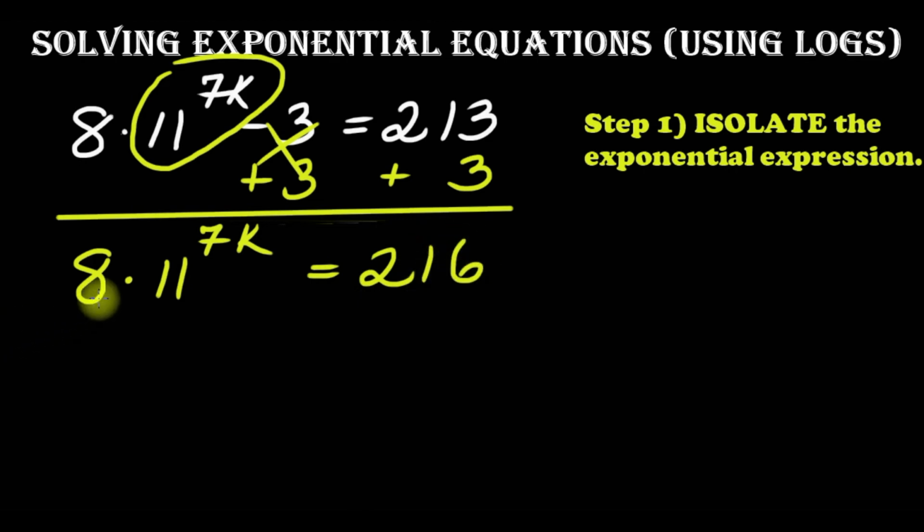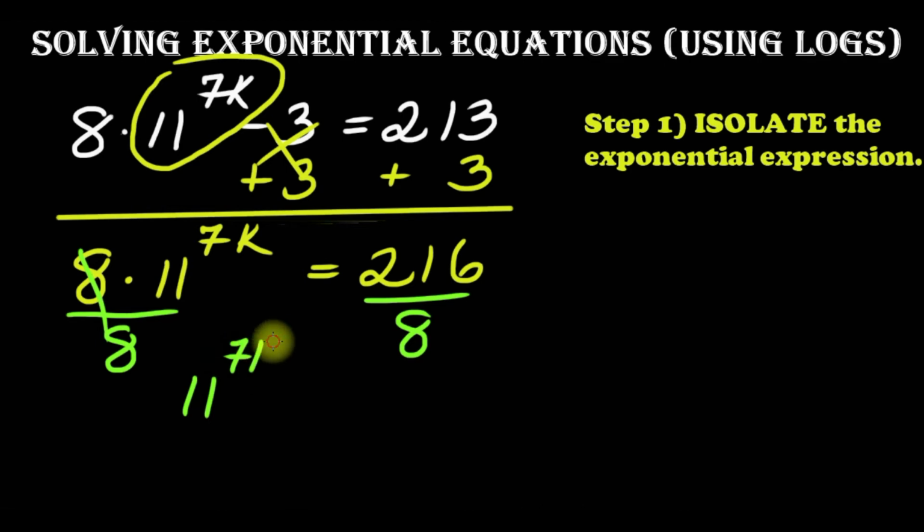Now to get rid of the multiply by 8, I divide by 8. 8 over 8 is 1, and you're left with 11 to the 7k is, well, 8 goes into 216 is 27.